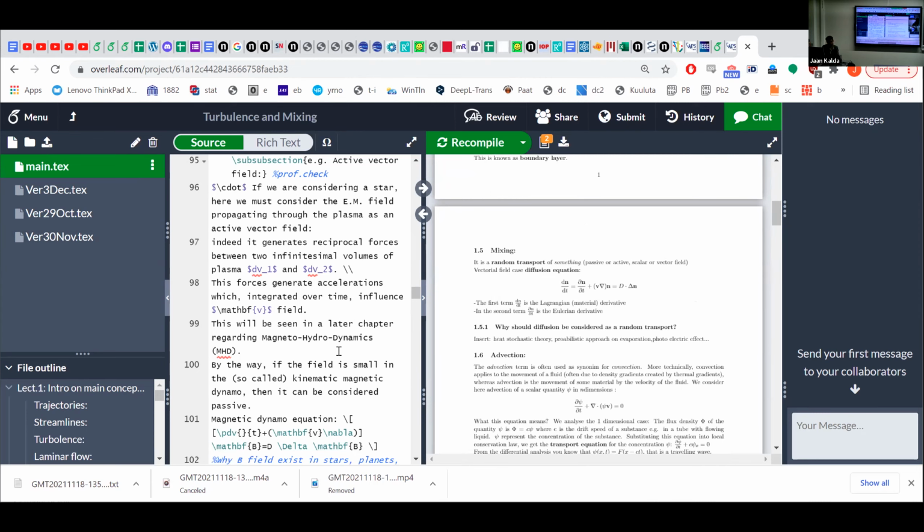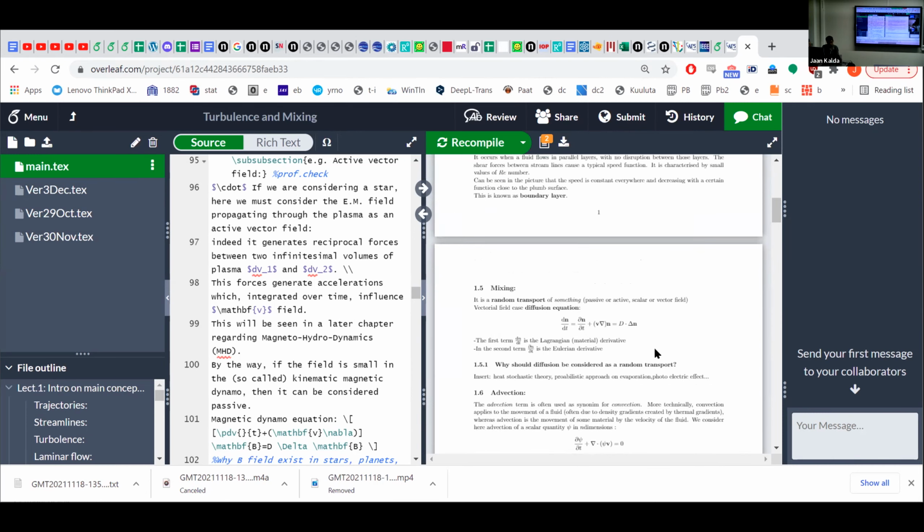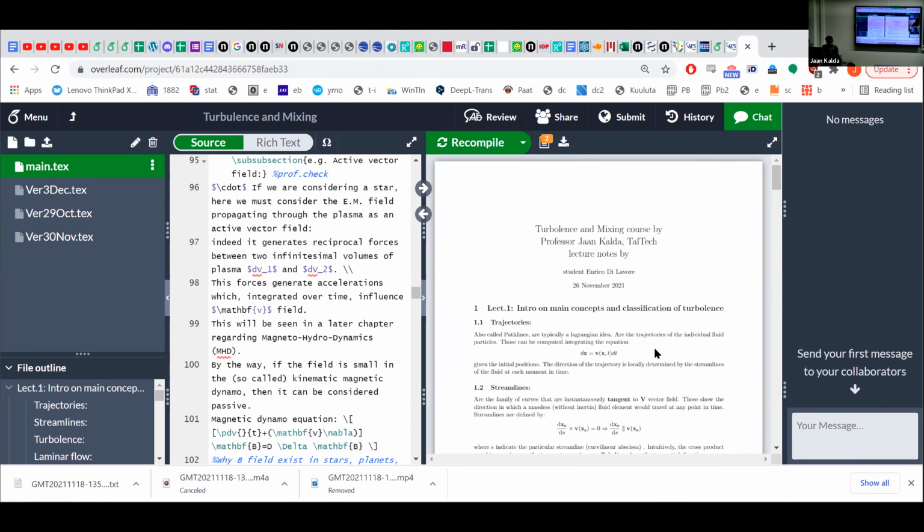But if you write in different places of the file or in different files, that's fine. You can write simultaneously, and you have automatic compilation in the right window. So if you make up your mind right now, tell me now. Otherwise, you can take your time to decide.